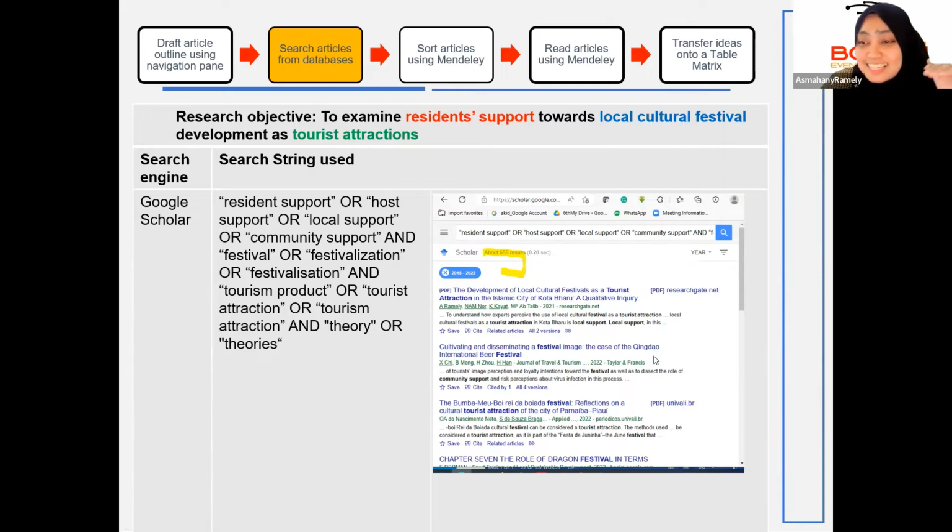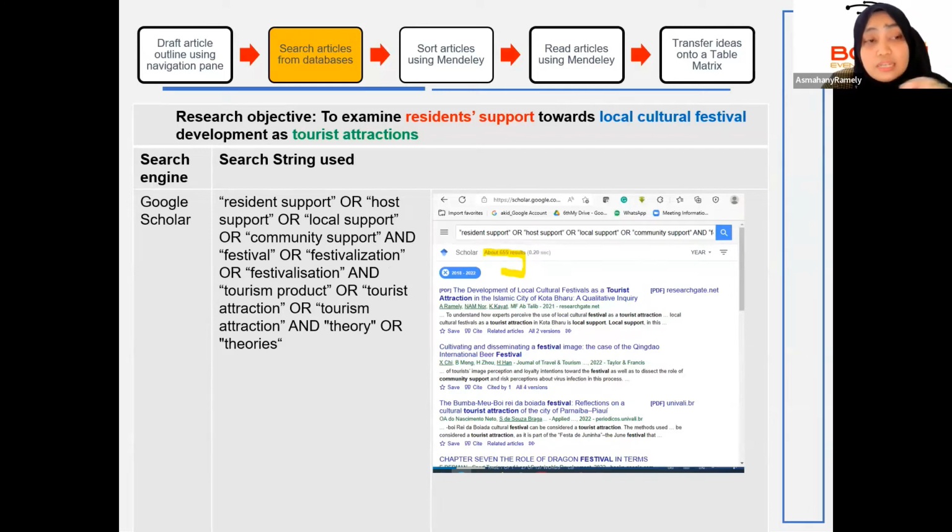In my research objective, there is resident support. We have to identify what the synonym words for resident support are. In my case, resident support is synonymous with host support, local support, and also community support. How do I know that these terms are synonyms?